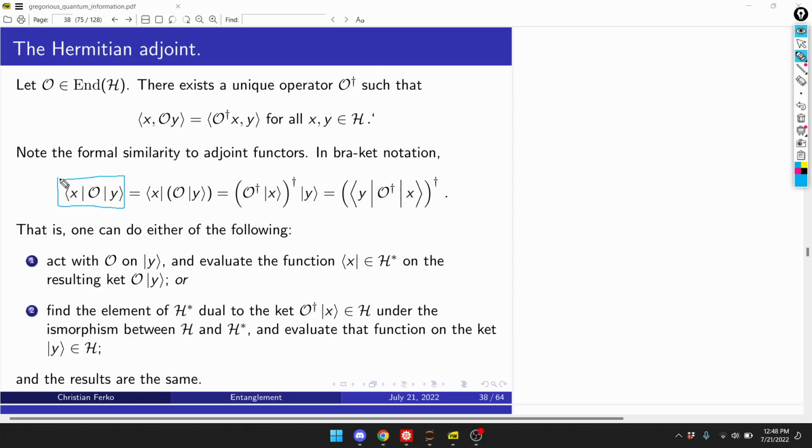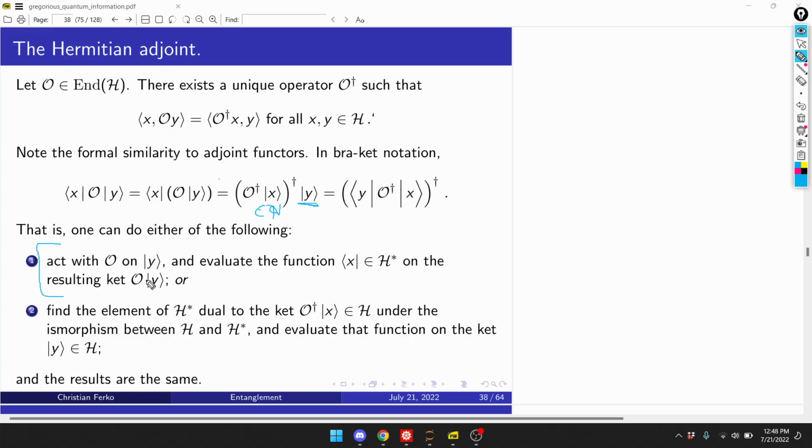This is the notation for taking a bra and evaluating it on the ket obtained by acting with the endomorphism O on Y. So I can put in parentheses, as Greg was alluding to, this is kind of associative, so I can first evaluate O on Y, and then the claim is that this is the same as some operator O dagger, where I take O dagger acting on X to get some element of H, I dagger it to get an element of H dual, and I evaluate that element of H dual on Y. So that's the claim.